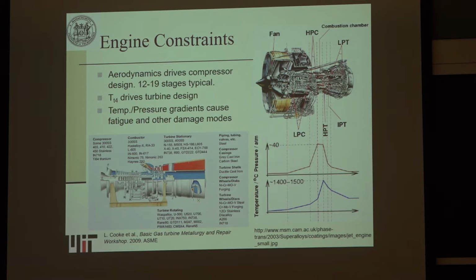So if you had 12 LPC stages and 7 HPC stages, through each one of those stages, you have both temperature rise and a pressure rise, to the point where it then goes into the combustion chamber, ignition occurs at about 40 atmospheres, and this is in degrees Celsius, but it's over 2,500 Fahrenheit. That's where your ignition occurs.